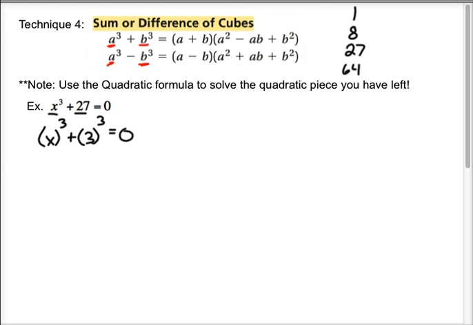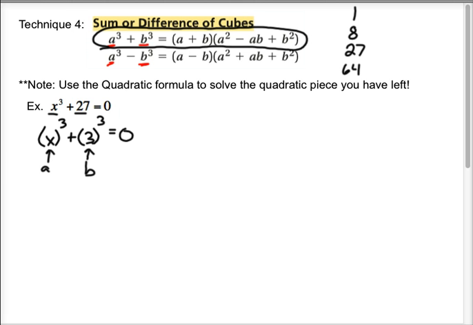Okay, so that's kind of the first thing to notice, is break down what is our A, what is our B. So right now, x is our A, and 3 is kind of going to be our B in this case. Okay, so looking at this, if I want to set up my formula, notice, and this one I'm adding. So I'm going to be using this formula right here.